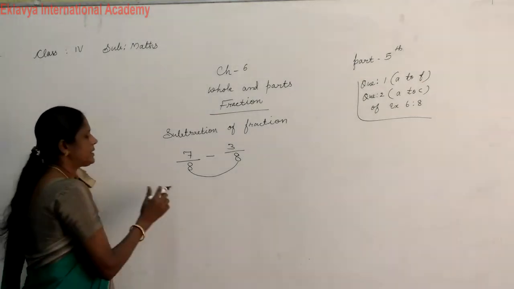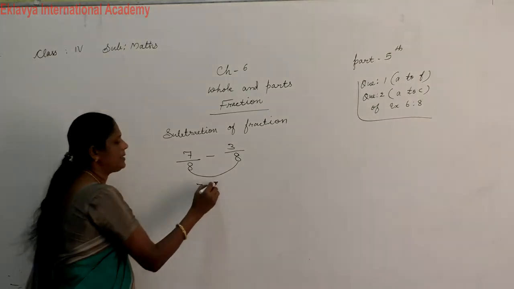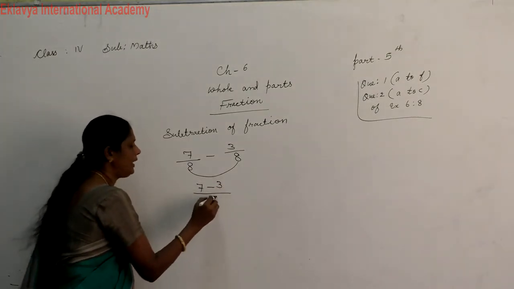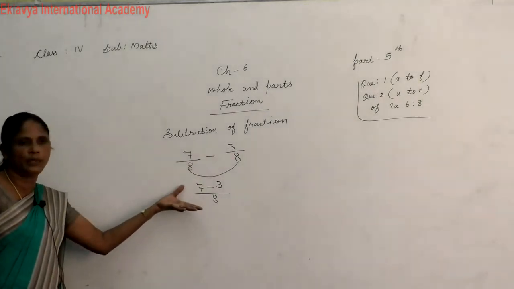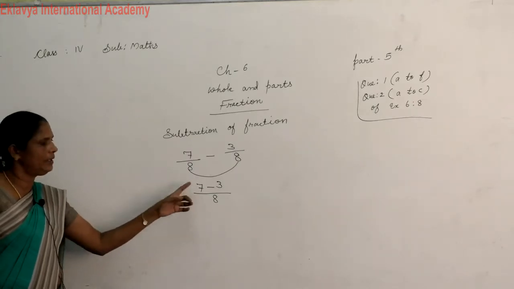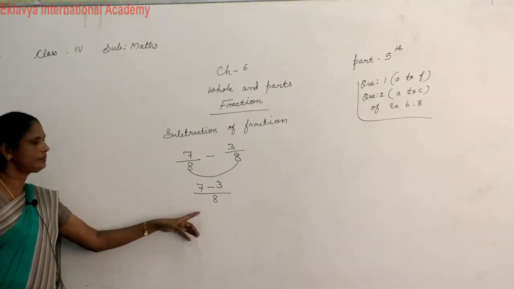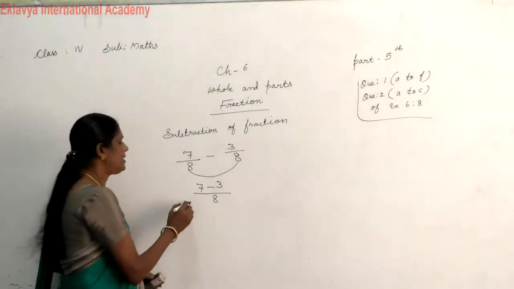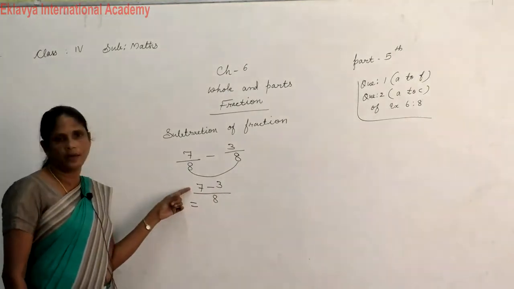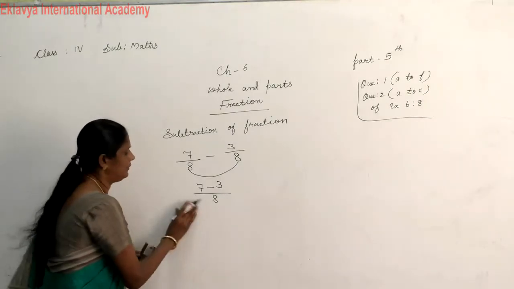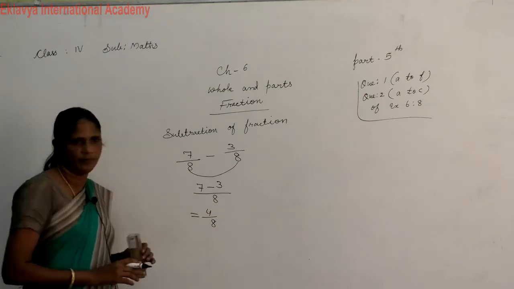Now we subtract 7 minus 3 upon 8. Only we write the numerator: 7 minus 3 by 8. Now you subtract this number. 3 taken away from 7, you get 4. Our answer is 4 by 8.